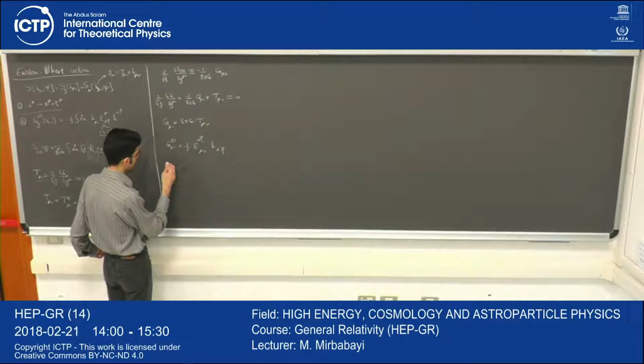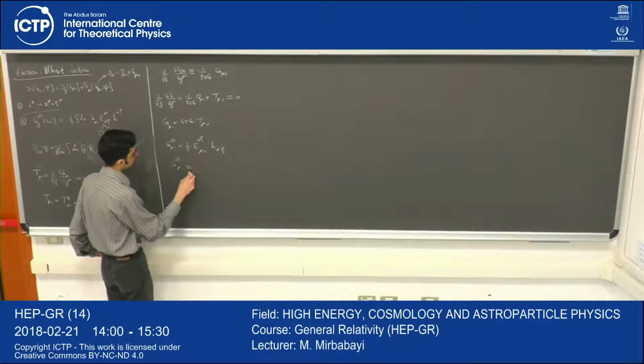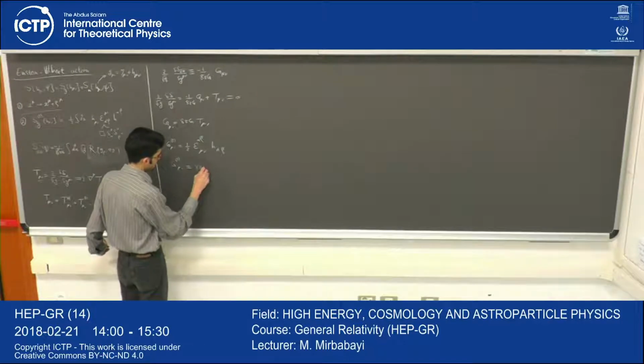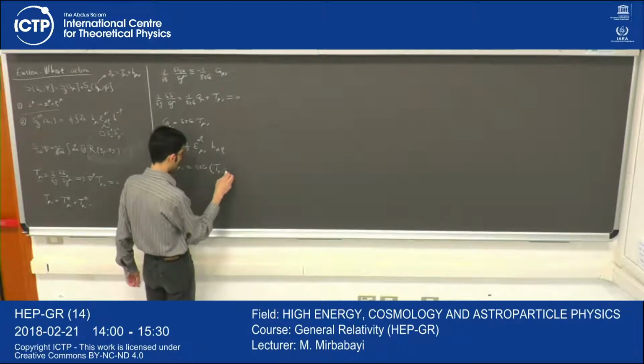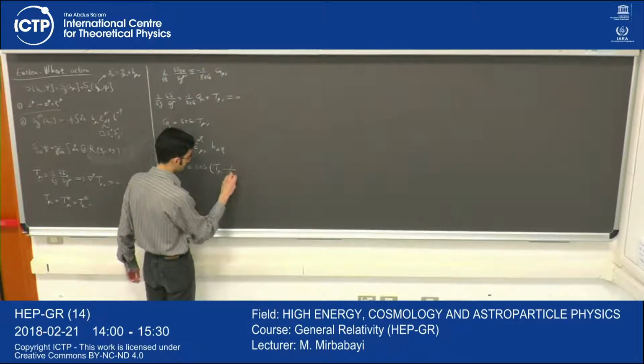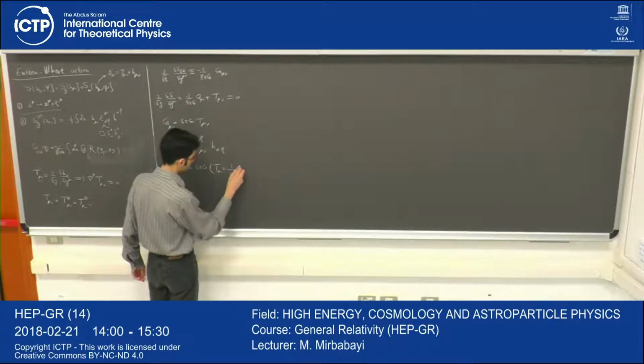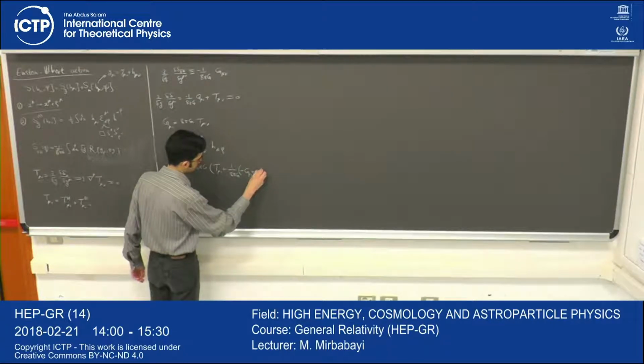So let's write it as G1 mu nu equals 8 pi g T mu nu plus 1 over 8 pi g times minus G mu nu plus G1 mu nu.